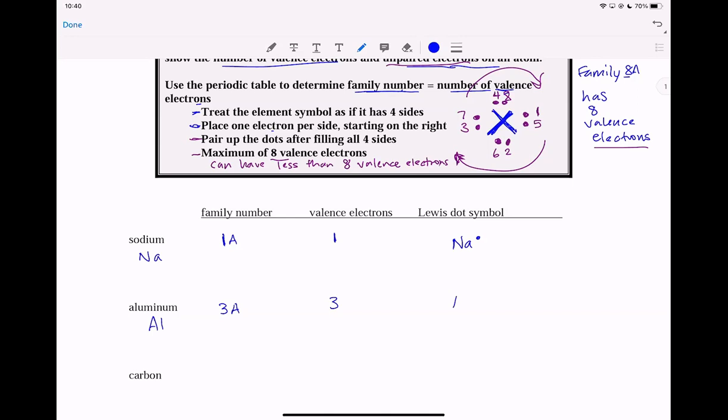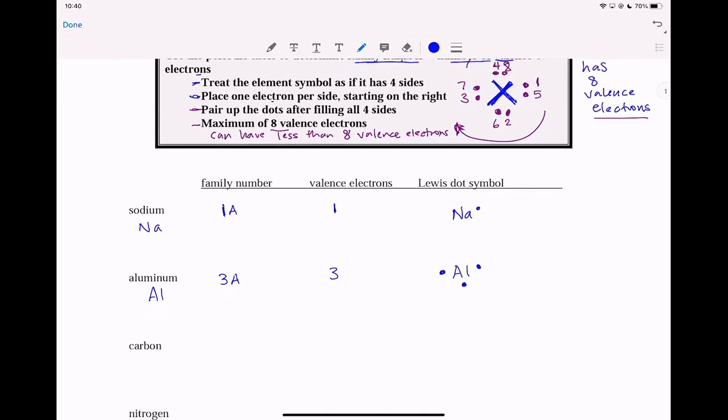And so you want to start by writing the element symbol Al and then putting dots on there. Starting on the right side, you have 1 and then 2 and 3 moving around. So those are 3 electrons, not paired up, all unpaired electrons. And when you have an unpaired electron, these are very reactive.